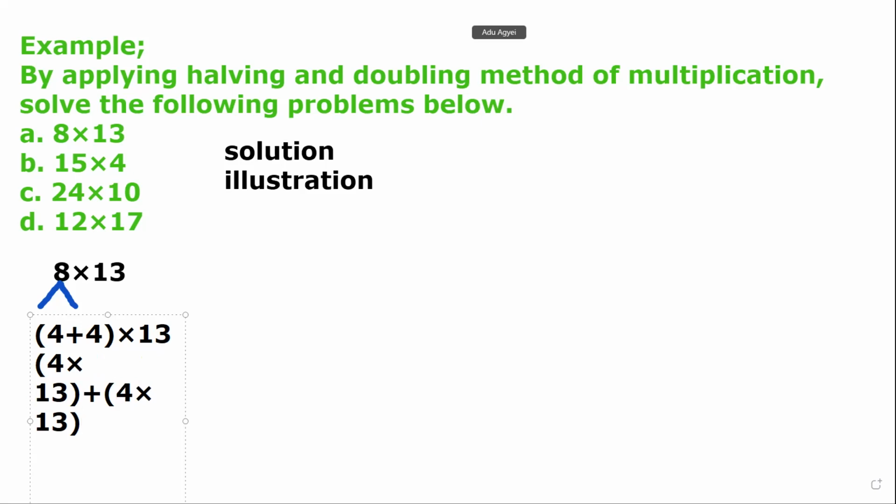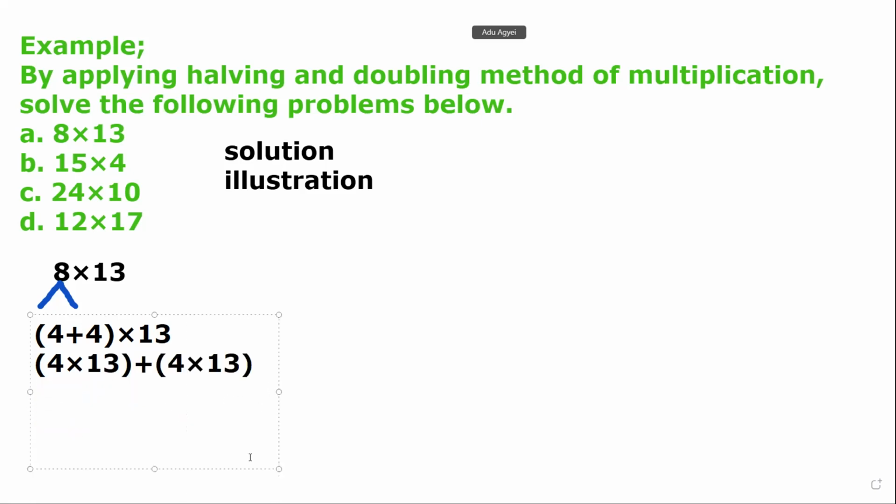Let me close the brackets here. Let me extend this one so that it should be this form. Good. So this is how it's supposed to be.